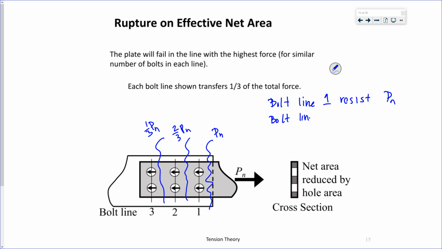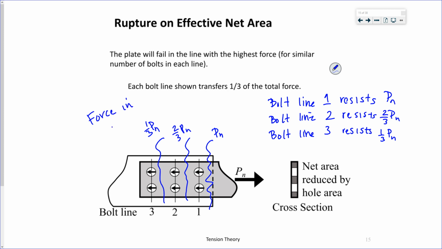Bolt line 2 has to resist 2/3 Pn. Bolt line 3 only resists 1/3 Pn. This is the force in the plate.